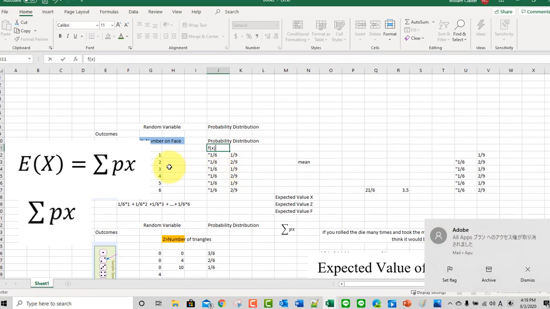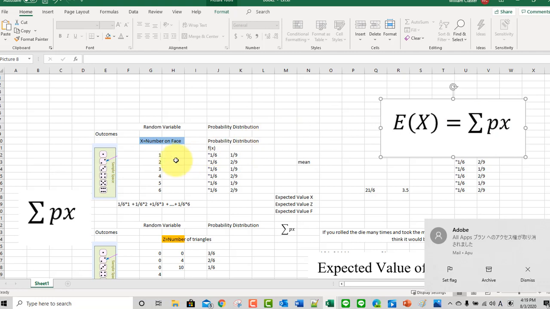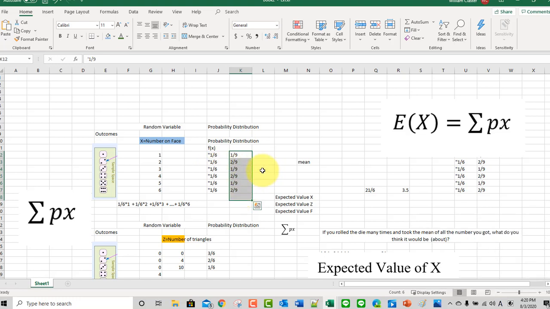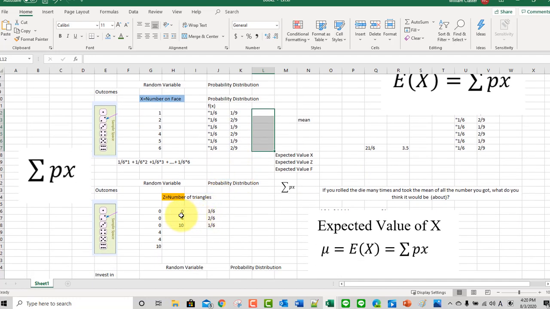There were many different choices. For example, we had this probability distribution, so we could get different expected values. We could have a different probability distribution as long as they all add up to 1 and none of them are negative. Here we have the different possible number of triangles, and we could figure out the expected number of triangles.